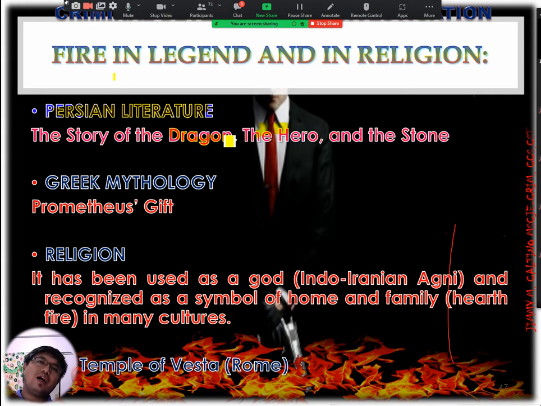Ngayon, nung nagpaapoy yung dragon, tumama sa hero, ang ginawa ng hero ay nakaya niyang ma-prevent yung fire na pinalabas ng dragon, tumama tuloy sa bato. Okay? And then, pag nung tumama sa bato, ayun, tumama ngayon sa mga tao, kaya may apoy. Yan. That's according to Persian literatures, no? Hindi ko yan kwento. Okay?